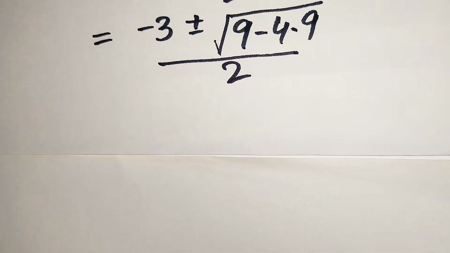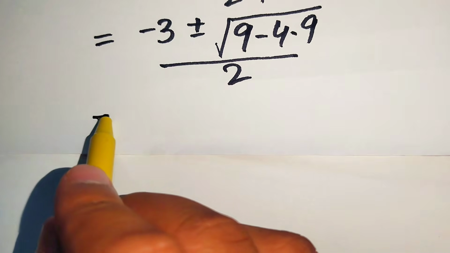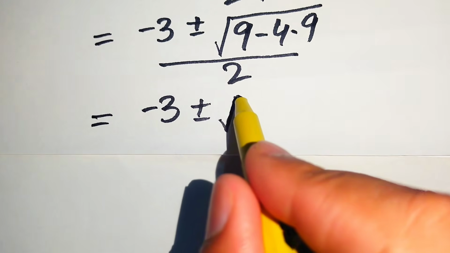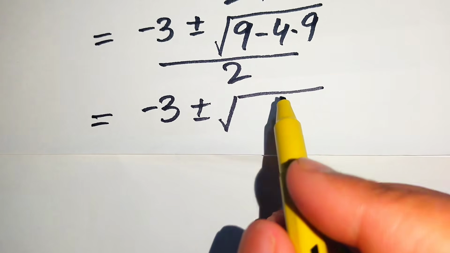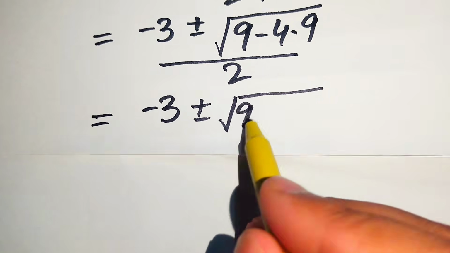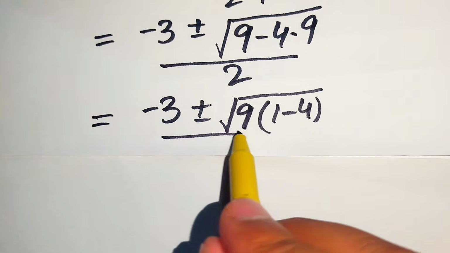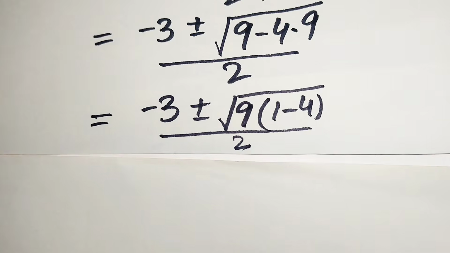So further we need more simplifications here, and we will get minus 3 plus minus, here we need to focus inside the square root sign, and here we will take 9 common, and we get the remaining values are 1 minus 4, and it is divided by 2.